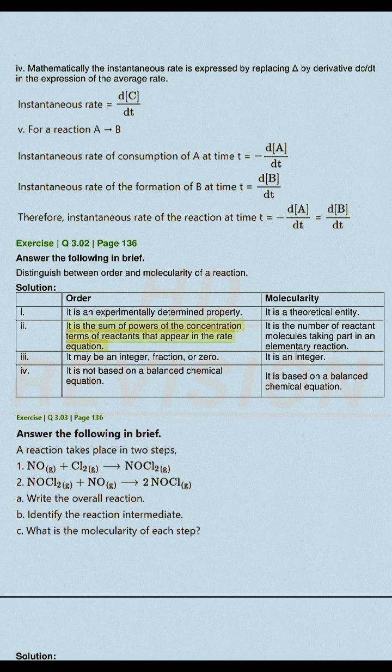It is the sum of powers of the concentration terms of reactants that appear in the rate equation. III. It may be an integer, fraction, or zero. IV. It is not based on a balanced chemical equation. Molecularity: I. It is a theoretical entity. II. It is the number of reactant molecules taking part in an elementary reaction. III. It is an integer. IV. It is based on a balanced chemical equation.